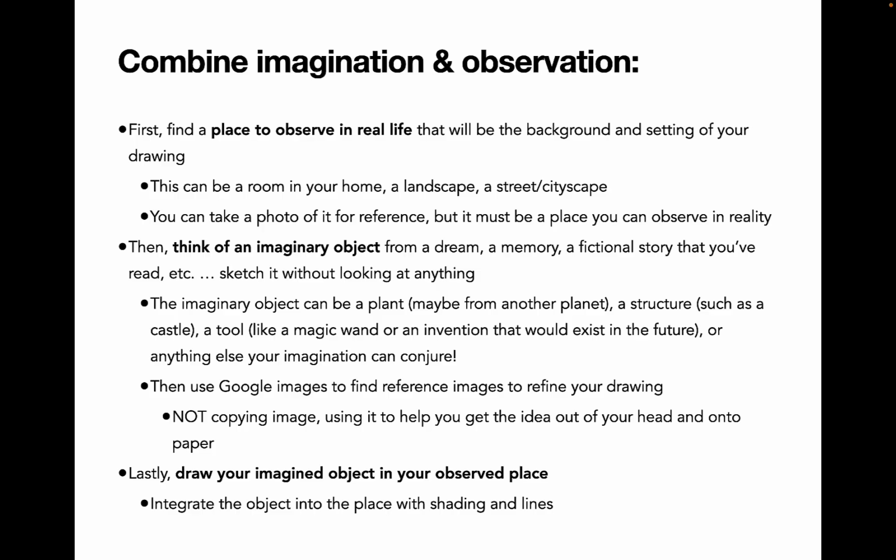So you're combining these two things together, and you're integrating the object in the place by using the same kind of line work and the same shading, the same material, so it looks like the imaginary object belongs in your observed place.